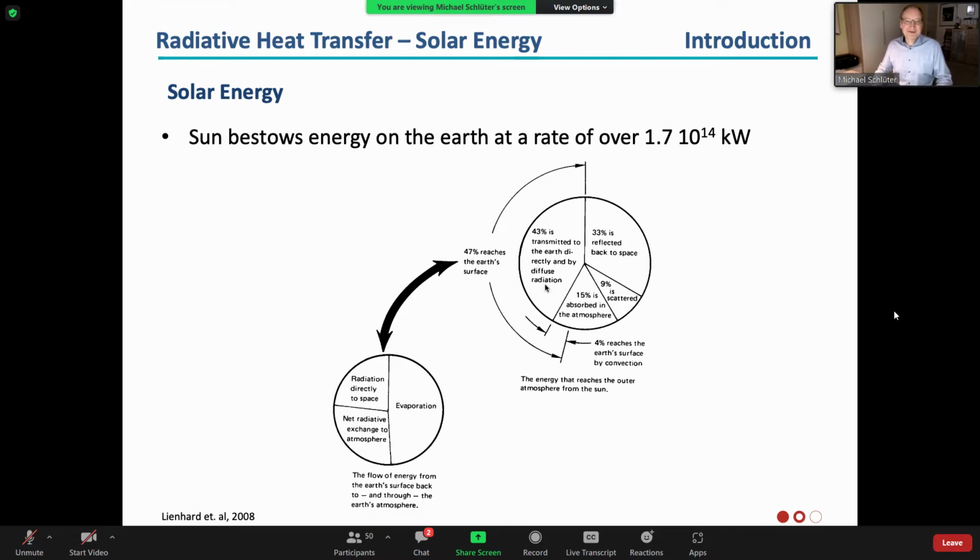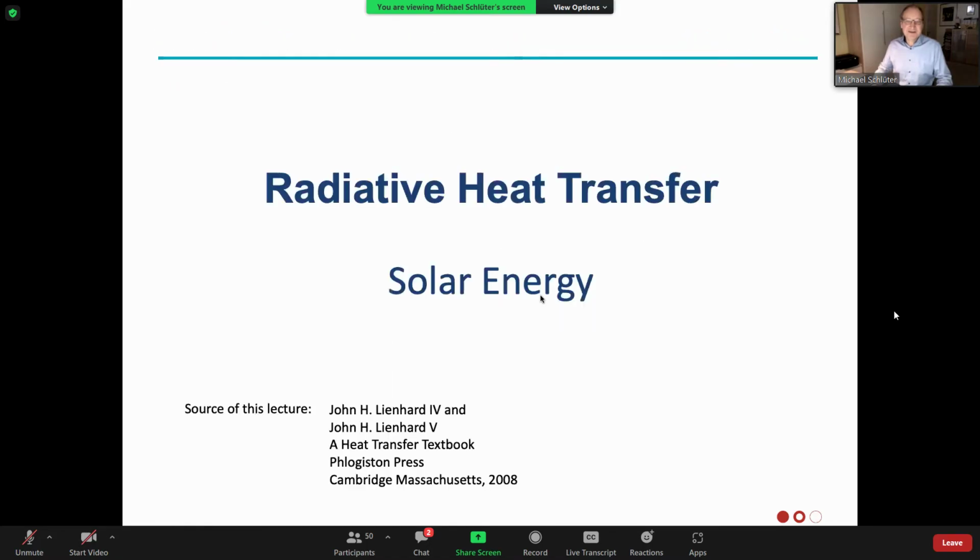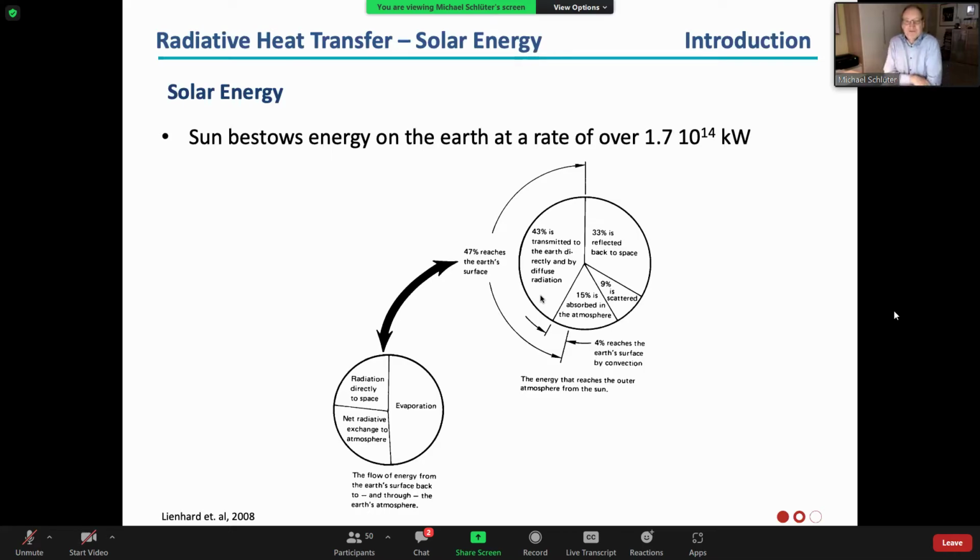But what is quite interesting from my point of view is you see here we have the diffuse radiation. A lot of radiation hits the Earth by diffuse radiation, and I don't know if someone of you already has a solar collector on the roof and knows how efficient these systems are. I'm myself always very impressed how much heat this diffuse radiation can produce.